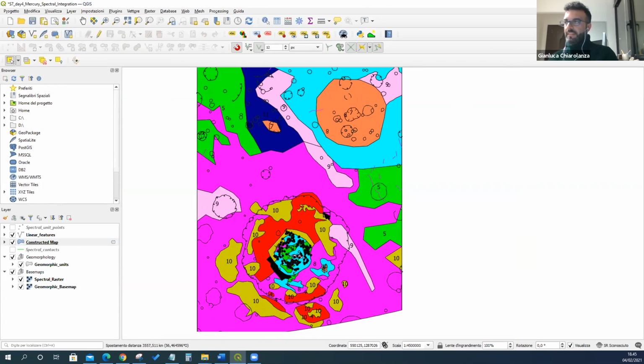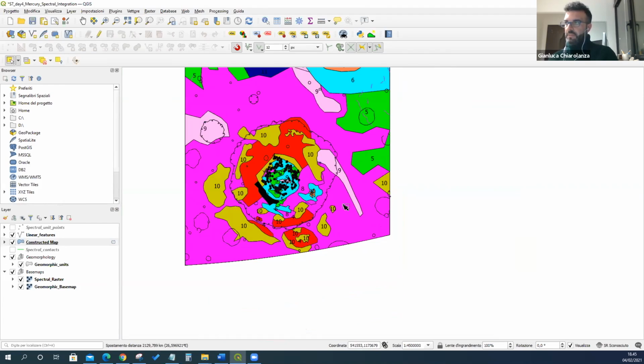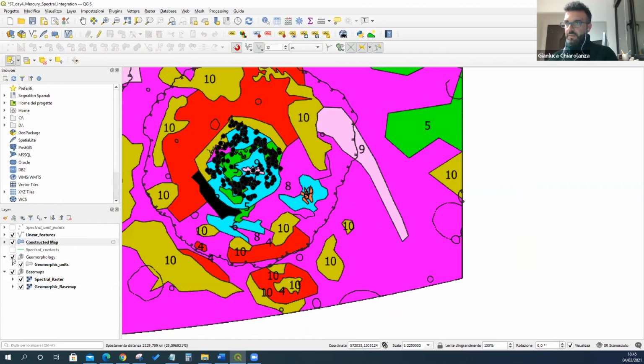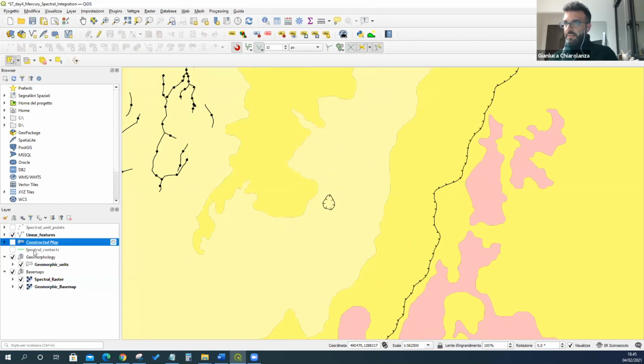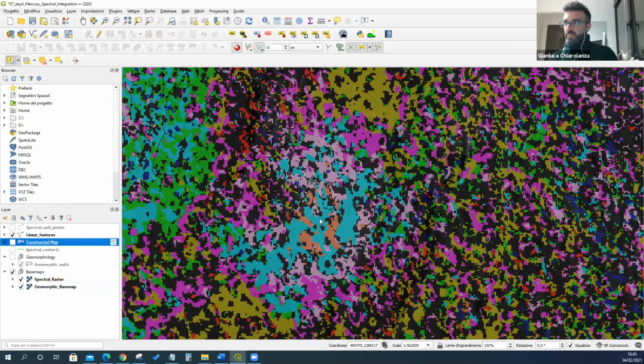Actually, inside the big impact basin, if I switch off the constructed map, we can see here the pit geomorphologically, and well, it's hard to see at this resolution, but it corresponds to this small area.